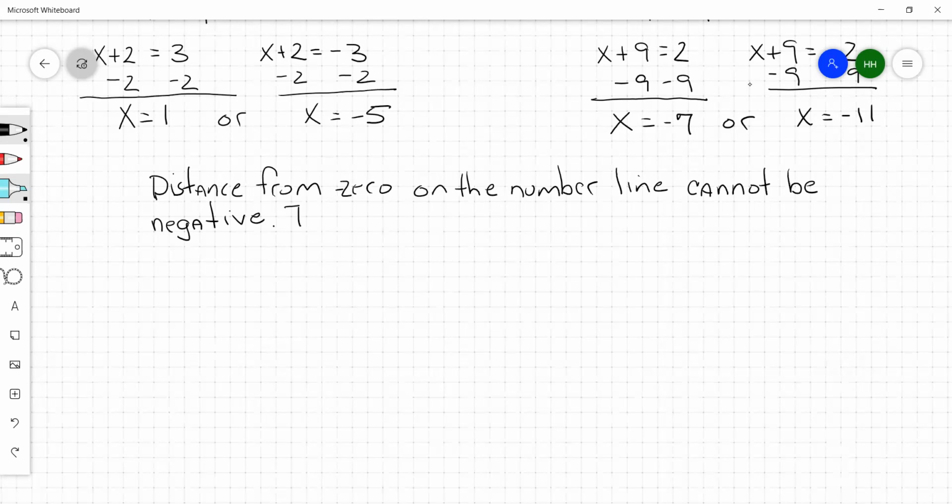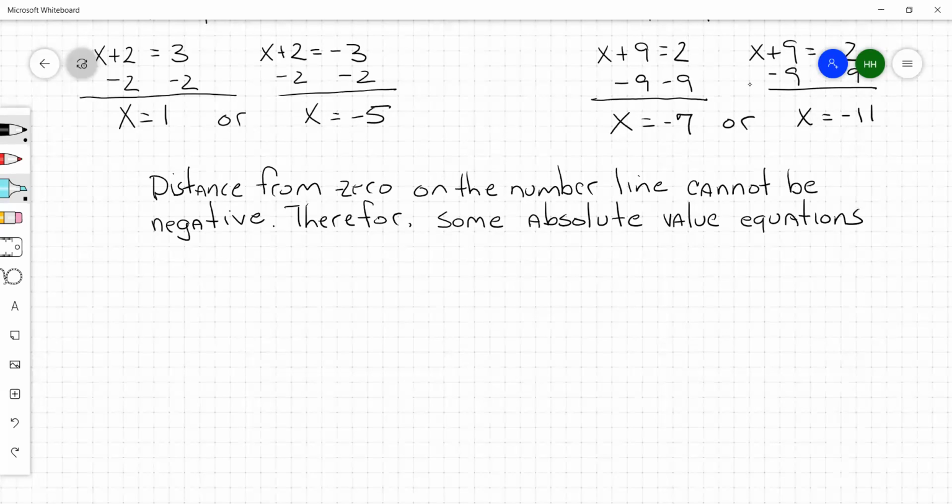Therefore, some absolute value equations, such as the absolute value of x being equal to negative 5, have no solution.